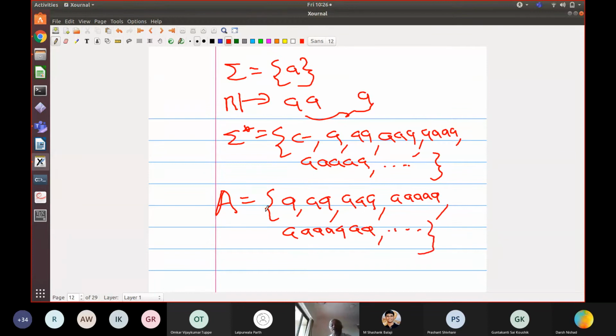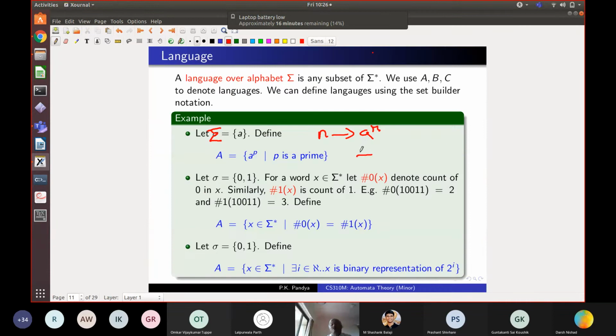This collection A will represent primes in unary notation. That is the artificial language A of prime numbers in unary that I have defined.